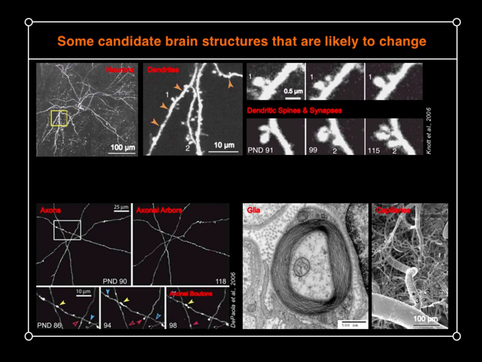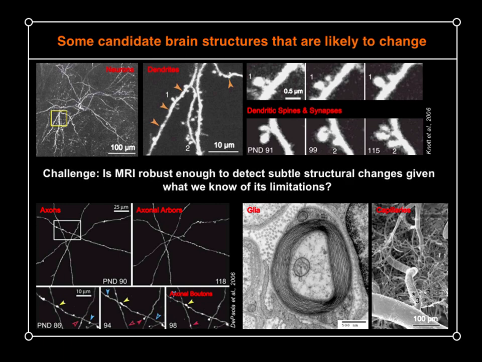And especially if you're trying to pick up something really subtle, you're not only trying to image the structure, you're trying to image a change in these structures, which are already tiny, right? So the challenge is: is MRI robust enough to detect subtle structural changes, given what we know of all these limitations? This is the question that I was asking a while ago.